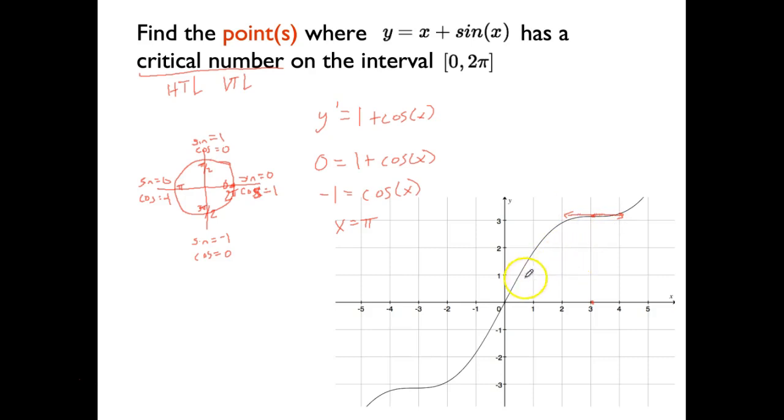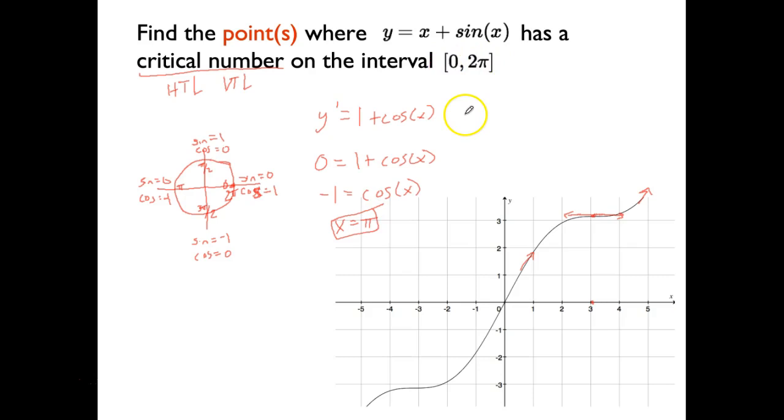So it doesn't necessarily mean that the graph has to go from increasing to decreasing. The graph could go from increasing to increasing. Yeah, like this one does. It increases and then it switches back to increasing. But it had a slope of 0 at some point in there. And that's what we found right now. Okay, so that is your only answer from the interval from 0 to 2 pi.